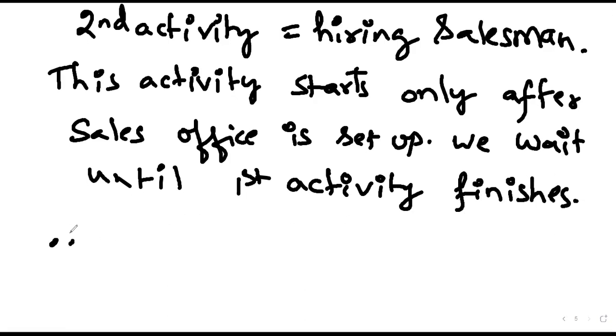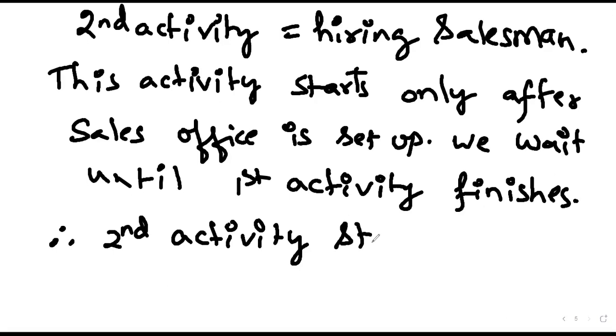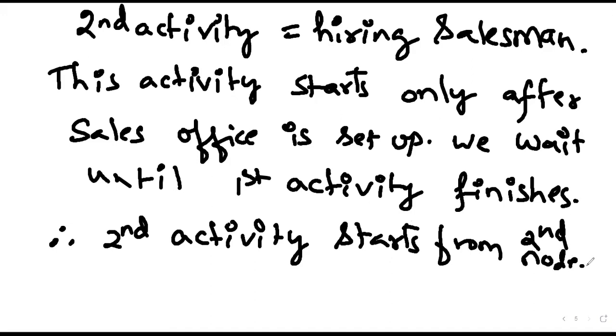Therefore, the second activity starts from the second node, isn't it? It is very much commonsensical, is it right? Only when the first activity finishes can we start the second activity.